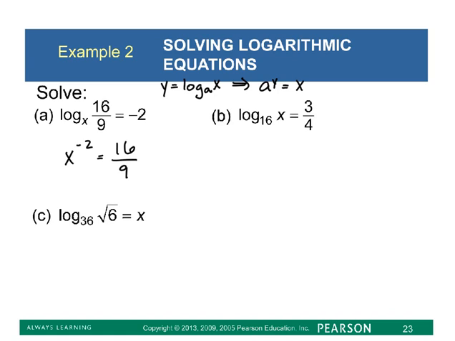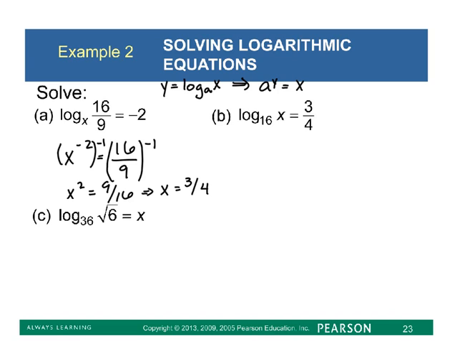To get rid of this negative power, let's raise this and this side to the negative 1. That's going to get rid of that. We get x squared, because these exponents multiplied each other, equal to 9 over 16. And then x squared equals 9 over 16 gives us the solution x equals 3 over 4, or 3/4.